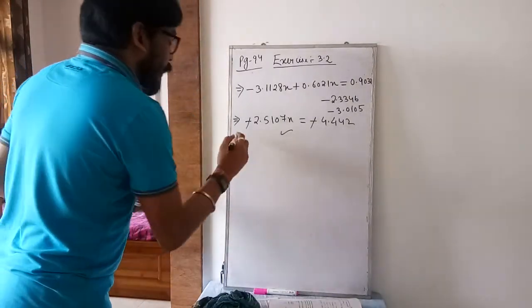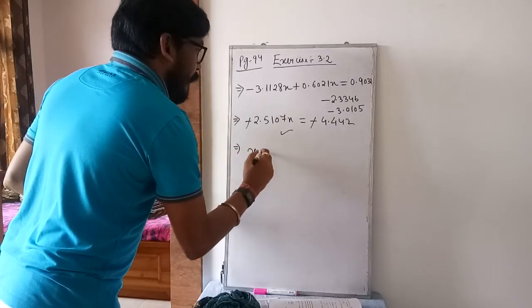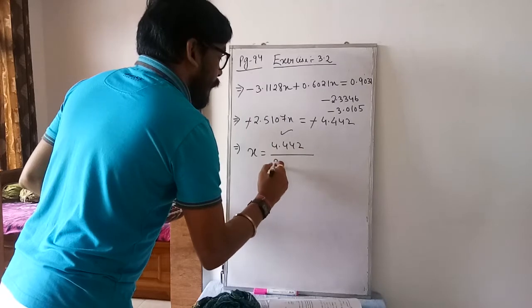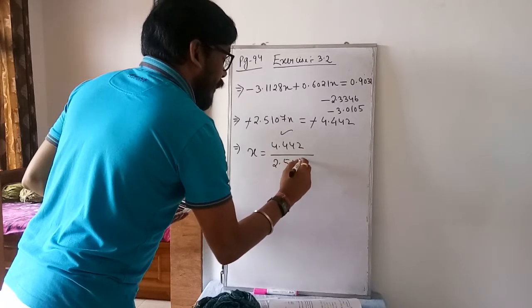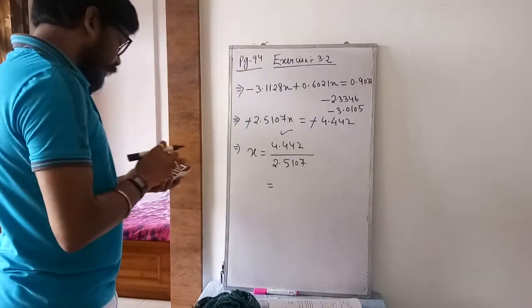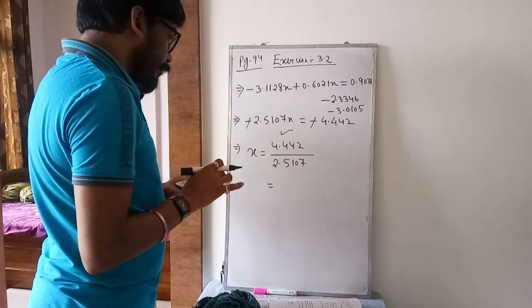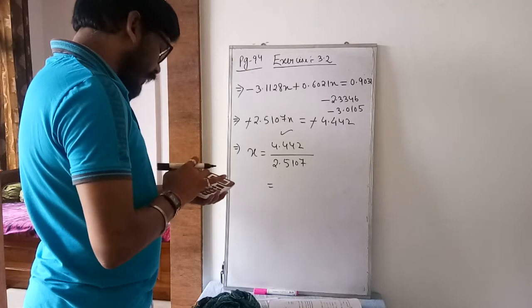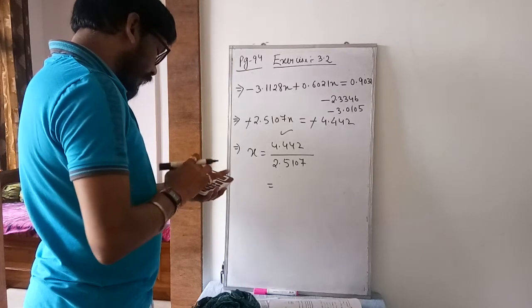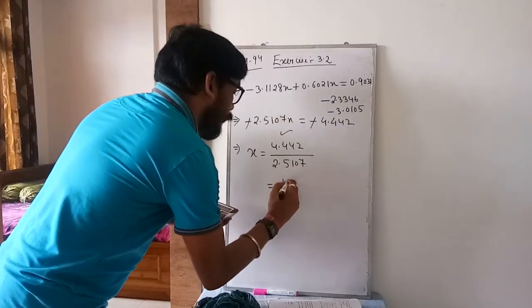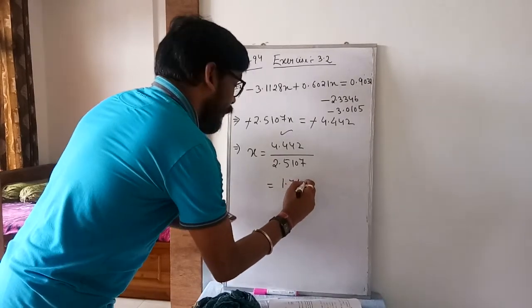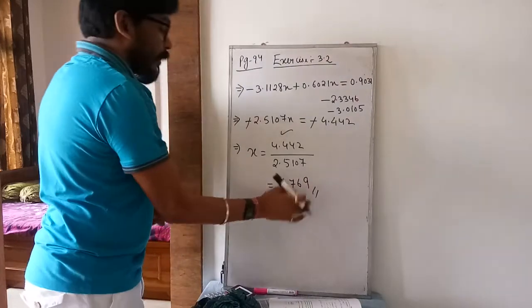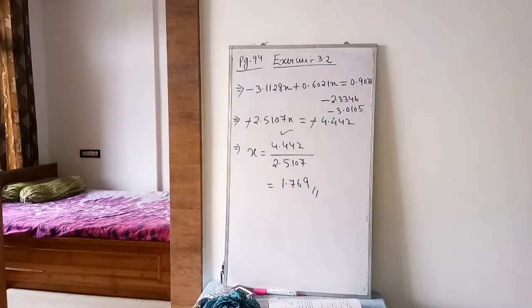So x equals 4.442 divided by 2.5107. So it is 1.769, which you can write as 1.77. This is the final answer of this question.